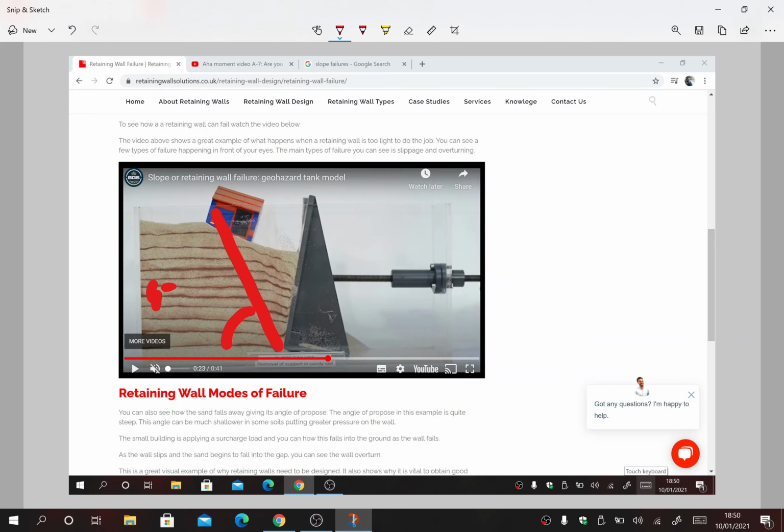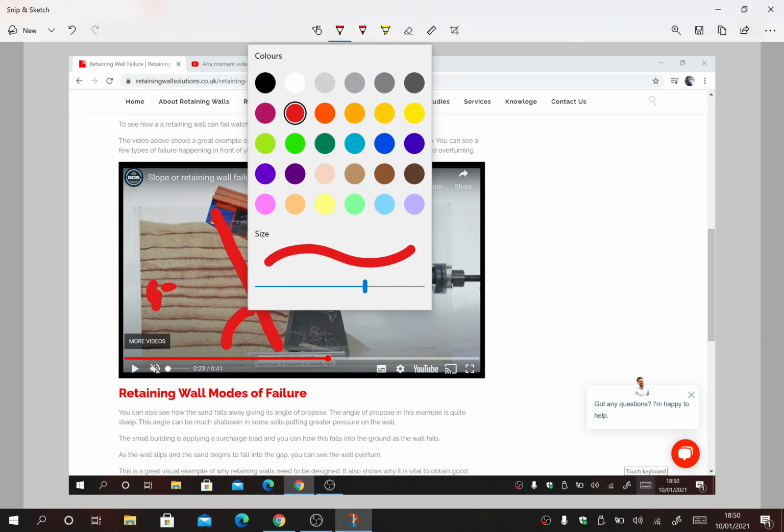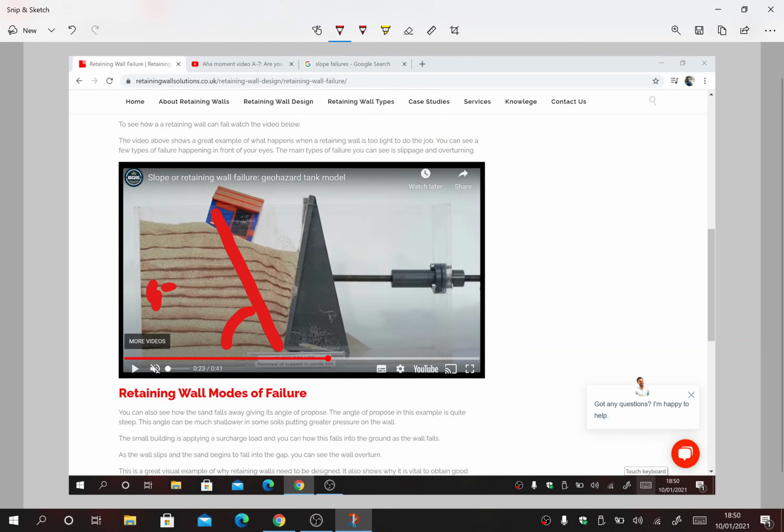So this angle is 45 plus phi by 2 from the horizontal, because we know that this is the active case, the wall is moving away from the soil, so this is the horizontal direction, this is sigma h.